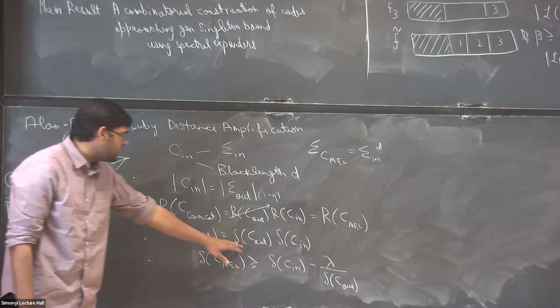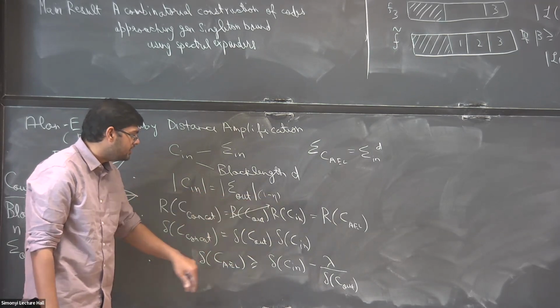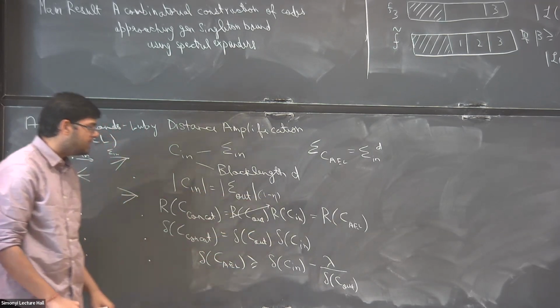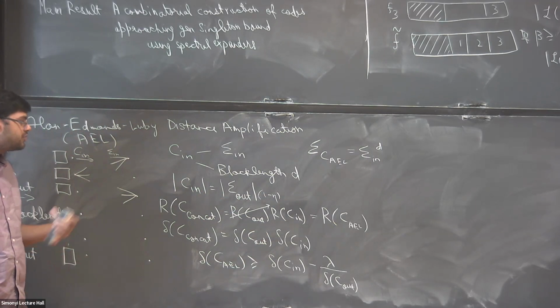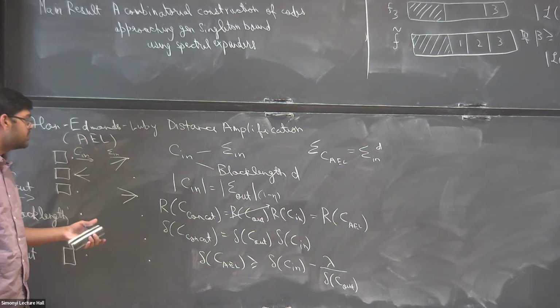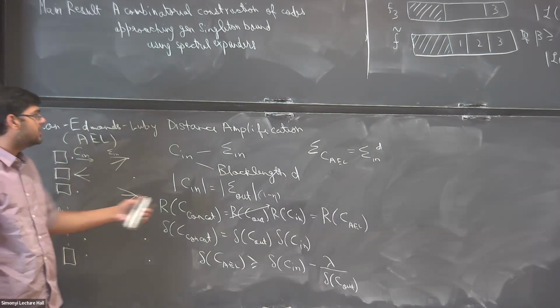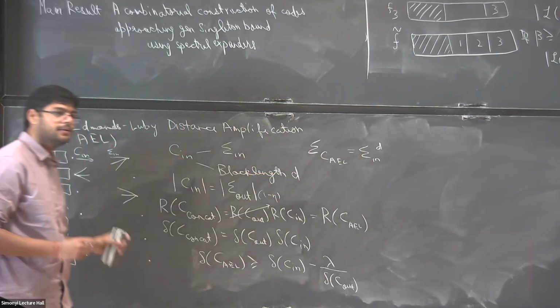So even if delta C out were to be very small, let's say eta, then I can correspondingly make lambda even smaller and be as close to delta C in as I want. Of course, the cost for making this lambda small goes into D, and that D shows up as the alphabet size here.